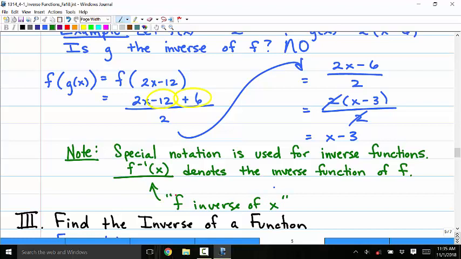That's how you read that. You don't say f to the -1. I don't know why they decided that that was the inverse function, but they just did. And so anytime you see that, you read it f inverse. Got it?